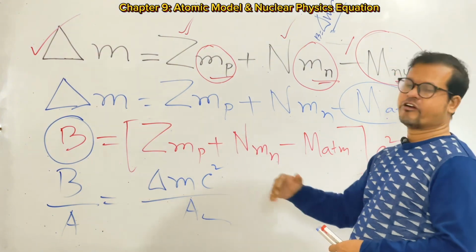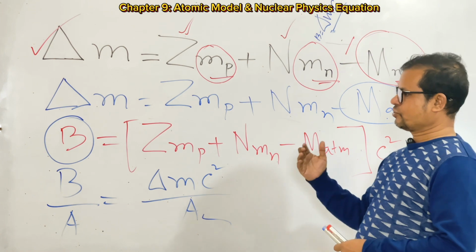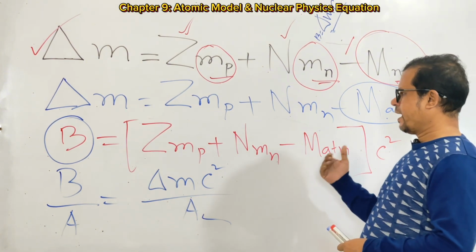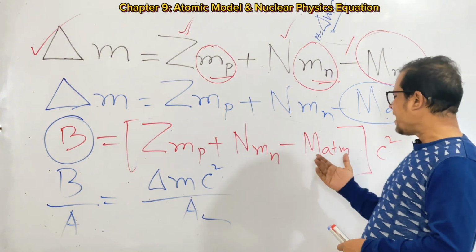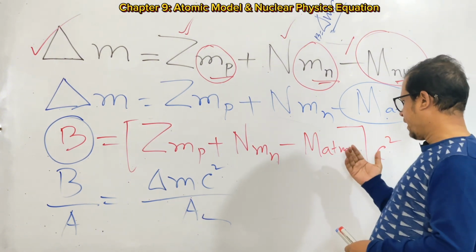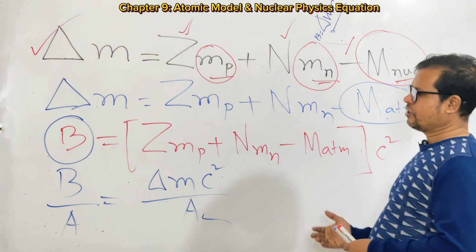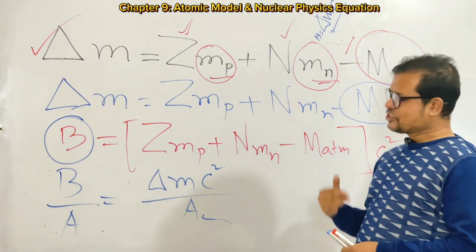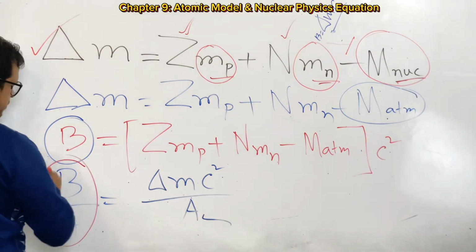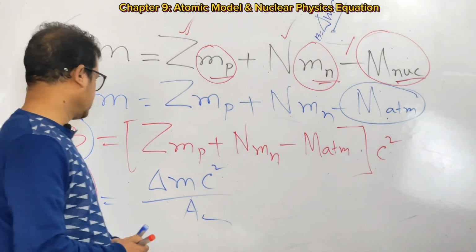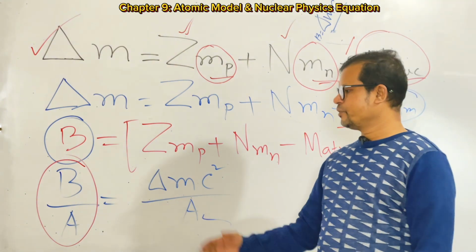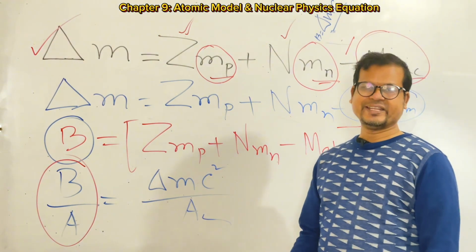Here binding energy equals (Z Mp plus N Mn minus M atom) times c squared. B over A equals delta M c squared over A. Here B over A means binding energy per nucleon.